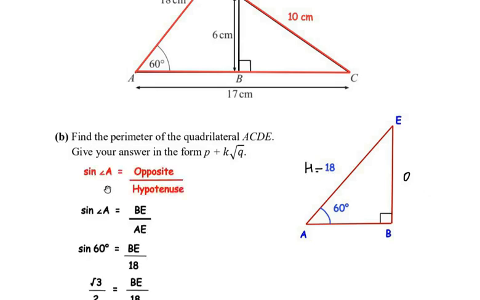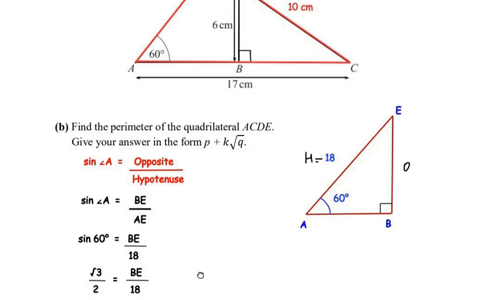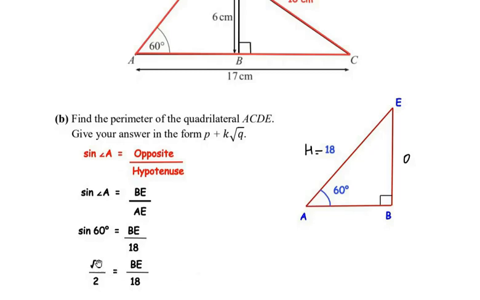So here we have written sine of angle A is equal to the opposite side over the hypotenuse. Now in this triangle, the opposite side is BE and the hypotenuse is AE. And in the next step, we have taken the value of angle A as 60. So sine of 60 degrees is equal to BE over the value of the hypotenuse, which is 18. Now sine 60 is a standard angle whose value is square root of 3 over 2.